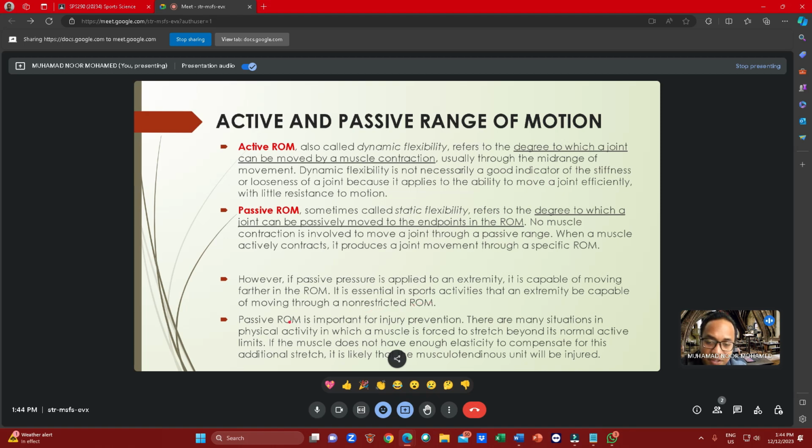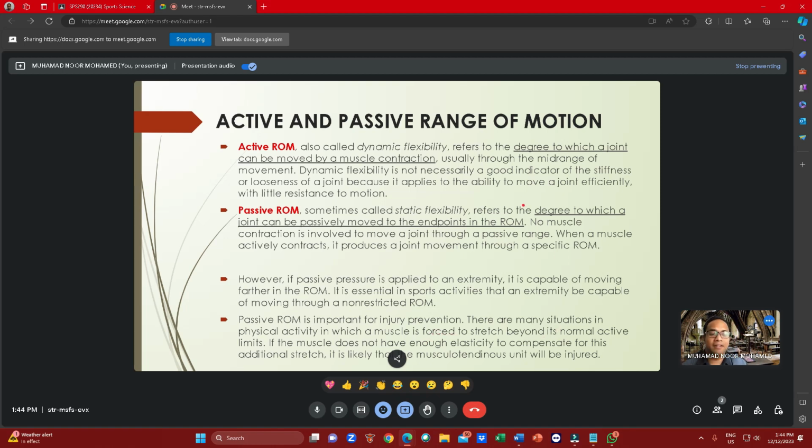So passive range of motion is important for injury prevention. There are many situations in physical activity in which a muscle is forced to stretch beyond its normal active limits. If the muscle does not have enough elasticity to compensate for this additional stretch, it is likely that the musculotendinous unit will be injured.